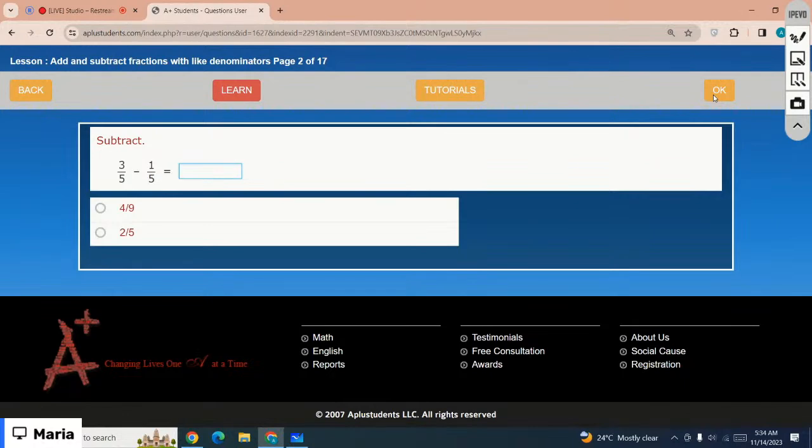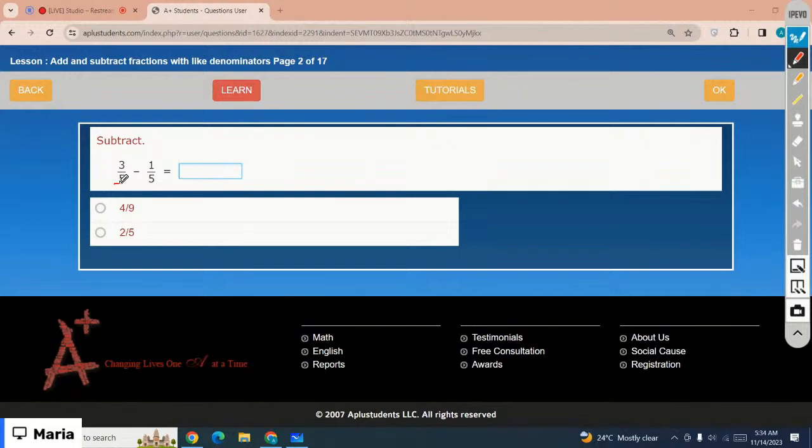You simply need to subtract their numerators, right? So you have to do 3 minus 1. How 4 by 9? Where is 9? They have the same denominators, right? You simply have to subtract their numerators. So 3 minus 1 is 2. So it will be 2 over 5. The correct option is option number 2.